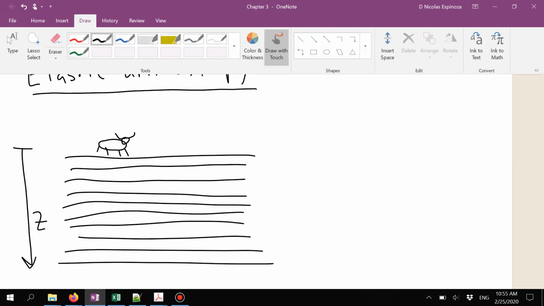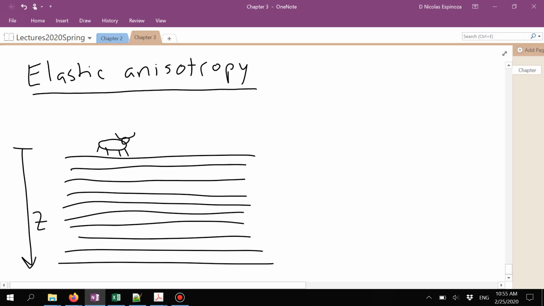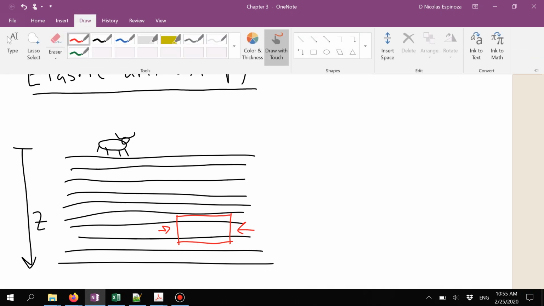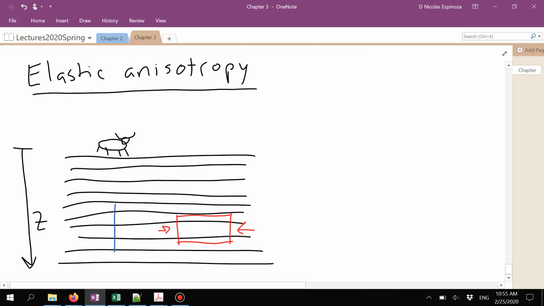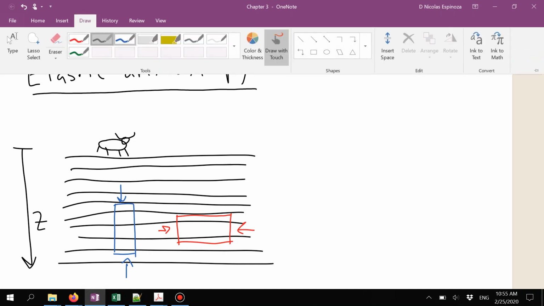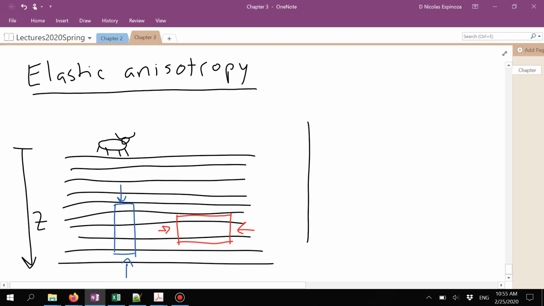And because of the layering, we're going to see that the properties of these rocks are going to depend on whether you take some of these rocks and you apply a load in horizontal direction, or if you apply the same rock but now you apply a load in vertical direction. Let's see how that would look on the schematics that we have done and what we have learned about elasticity.